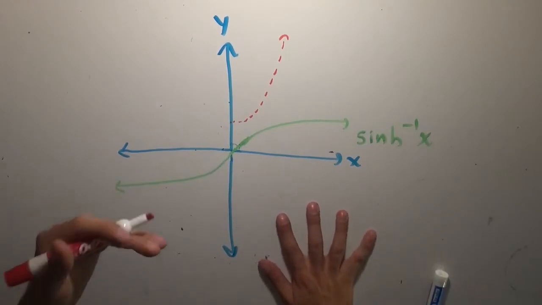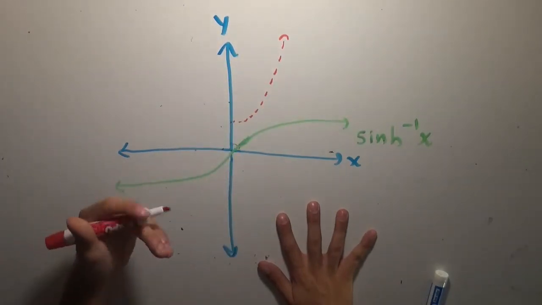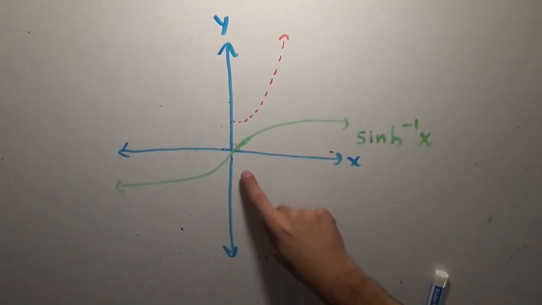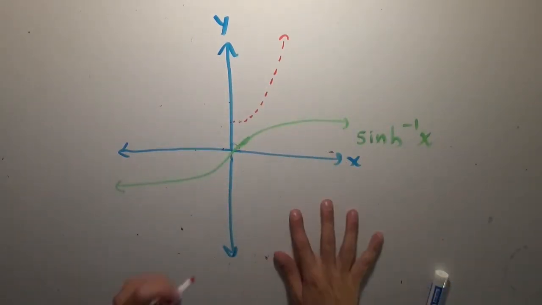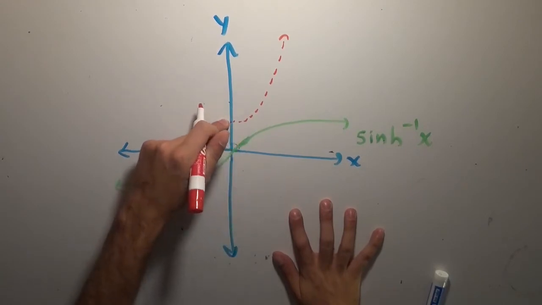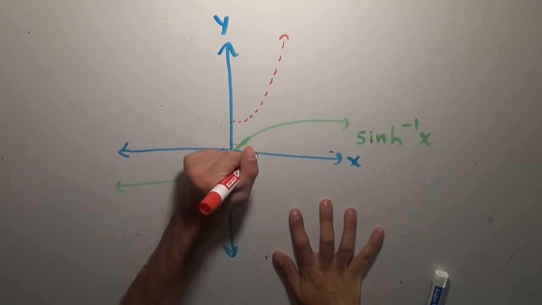That way we consider the positive branch, which is simply the common way of doing it. And since we know that the hyperbolic cosine is always more than the hyperbolic sine, its inverse, when we reflect it over the line y equals x, is always going to be less than the inverse hyperbolic sine. We know that at 0, the hyperbolic cosine is 1, so at 1, the inverse hyperbolic cosine is 0.